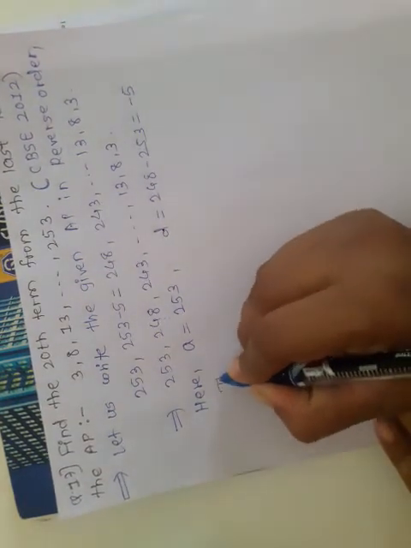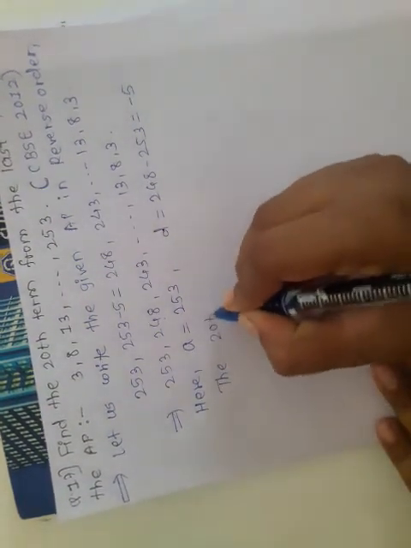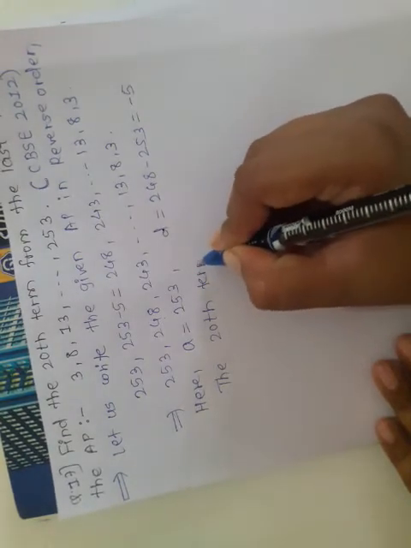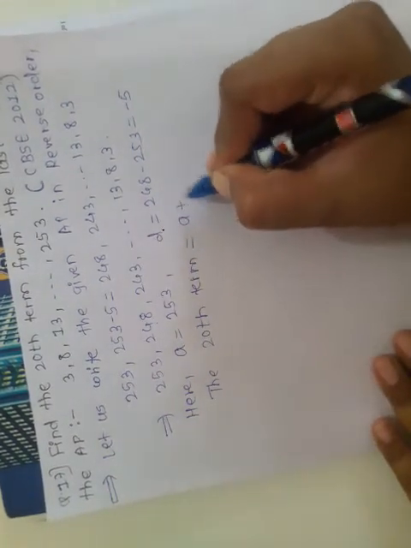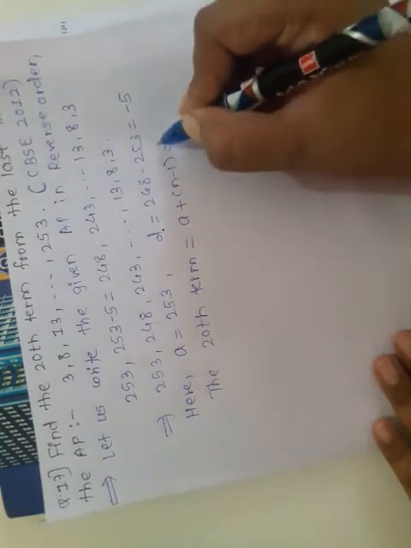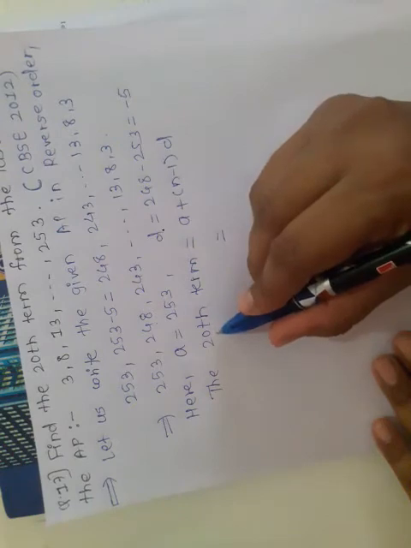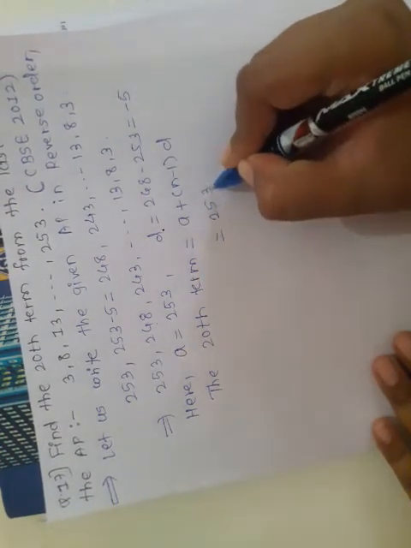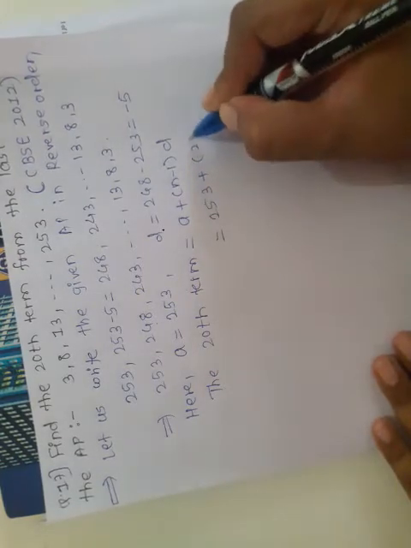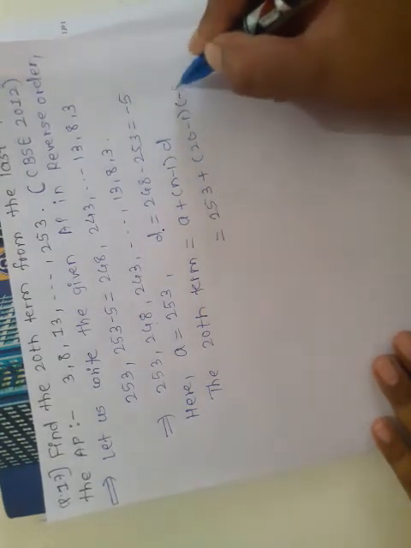The 20th term is A plus n minus 1 into D. Here the value of n is 20, A is 253, n minus 1 is 20 minus 1, and the common difference D is minus 5.